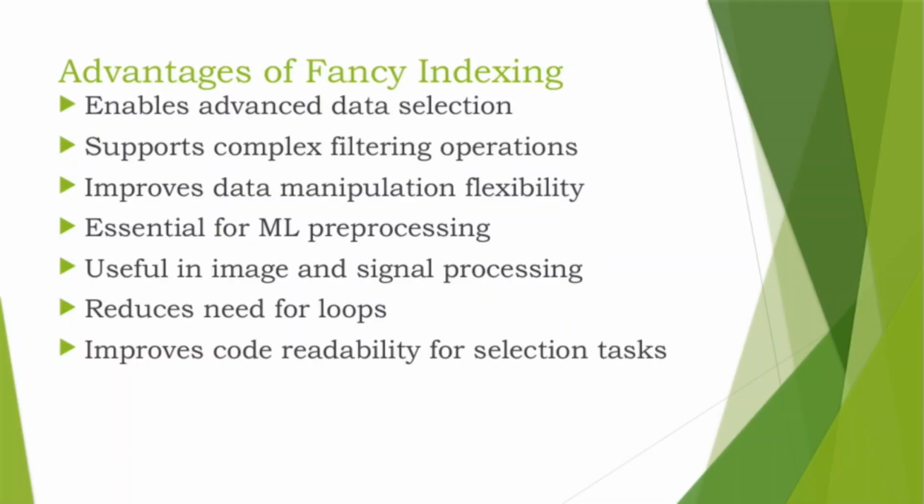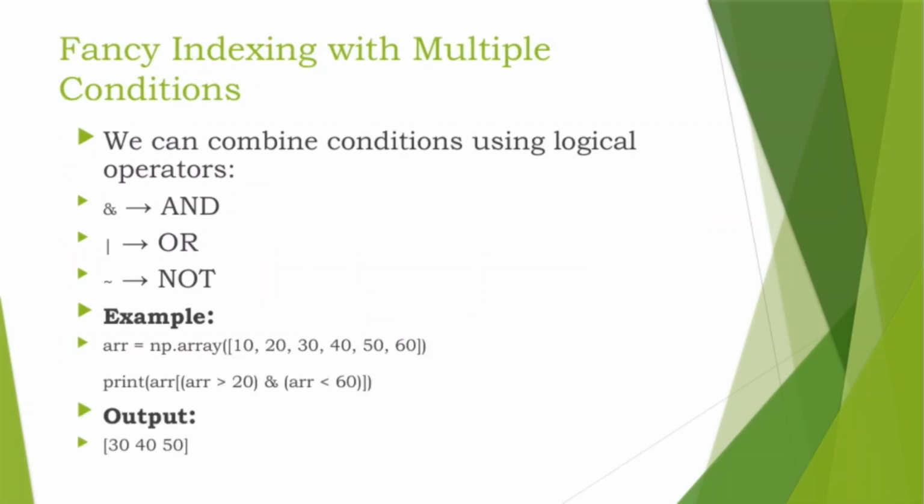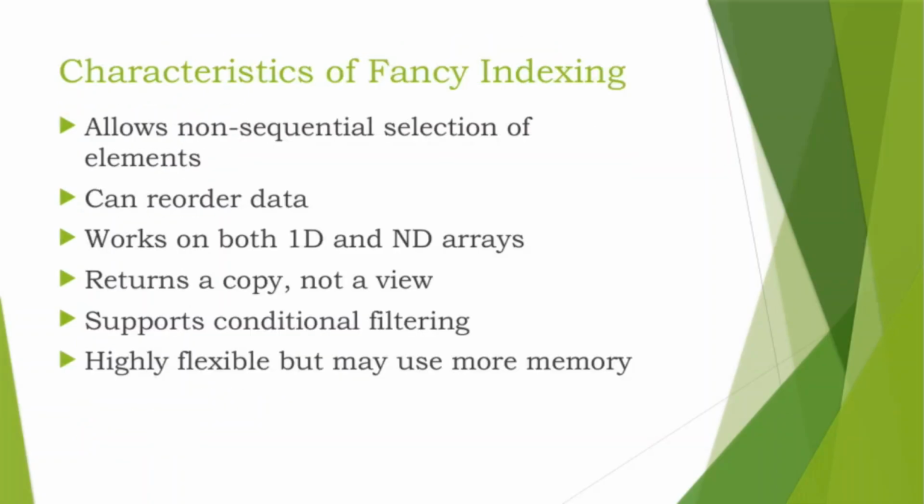Another important application of fancy indexing involves Boolean indexing, which is closely related to advanced indexing techniques. Boolean indexing uses arrays containing true and false values to select elements that satisfy specific conditions. Instead of specifying numerical indices directly, users create logical expressions that evaluate each element of the array.